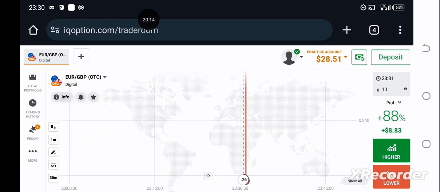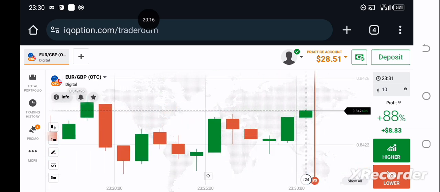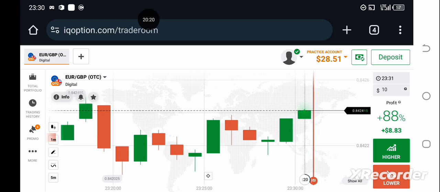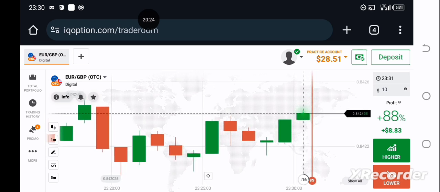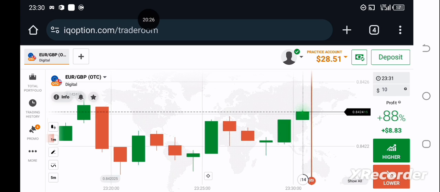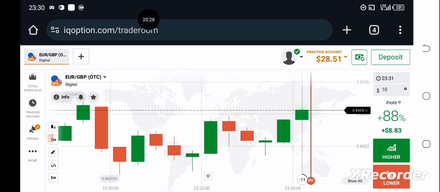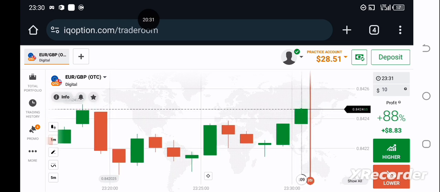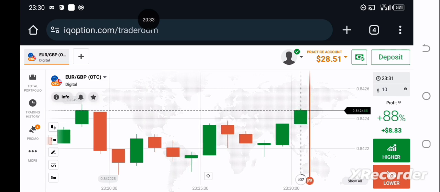So if the market is going up, have it in mind, you'll be a buyer. If the market is going down, you'll be a seller. It's not because the market is going up that you will only buy, you cannot sell. No, that is where you now lose. If the market is going up, instead of you buying, you are now selling, you can see that you are on the wrong side of the market. You are going to be in the negative side.